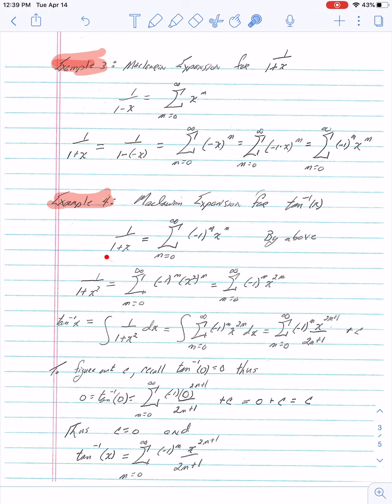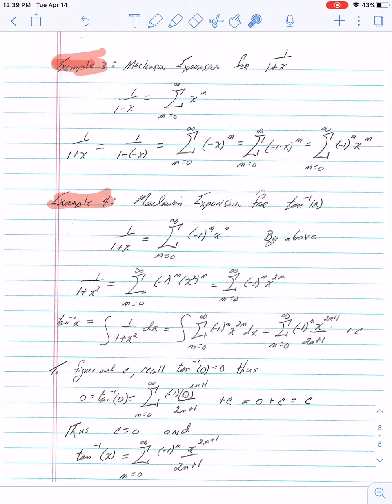Well, I know what 1 over 1 plus x is. Why? Because I just did it up here. So 1 over 1 plus x is the summation, n running from 0 to infinity, of minus 1 to the n, x to the n. So how do I get 1 over 1 plus x squared?